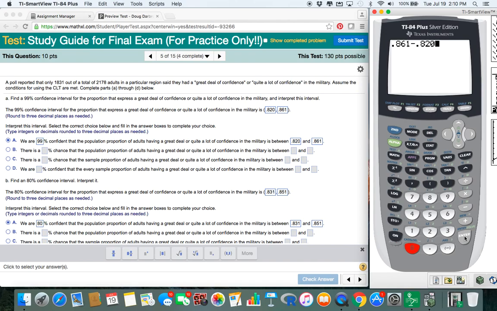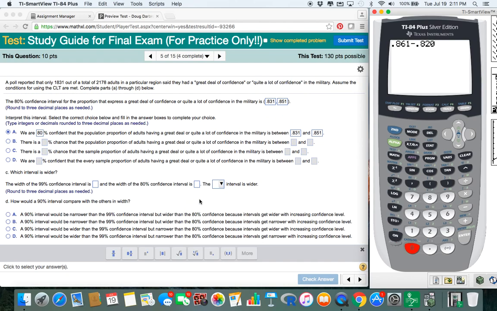The margin of error, we take the difference and divide by 2, because the margin of error is the distance from the estimate to the end of the interval. It's not asking about the margin of error. That's a different thing. This is a different question. So we're just looking at the width of the interval. So in this case, the width would be 0.041.